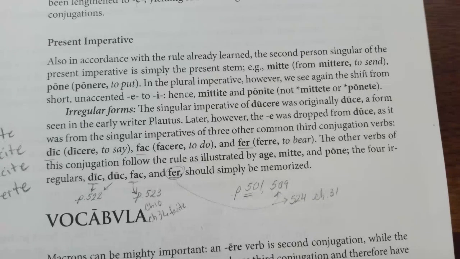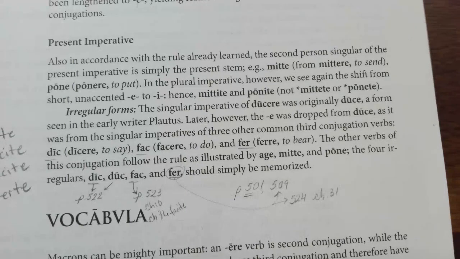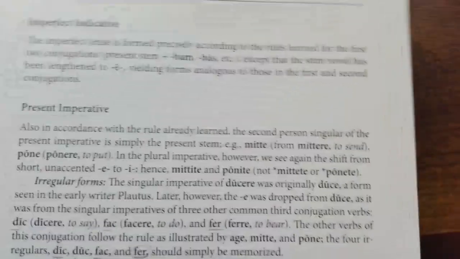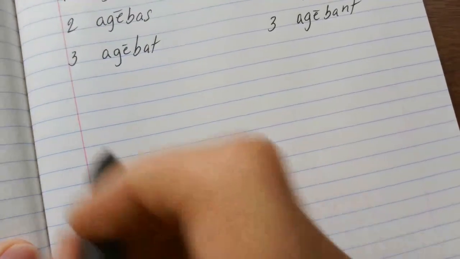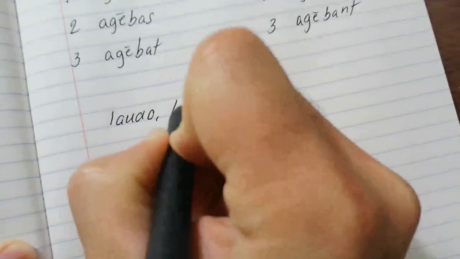Let's talk about the imperative real quick, and let me write it out for you. I know it's in your book right there, but let me just write it out for you real quick, and then we'll talk about these irregular imperatives. If you remember, let's do laudo, laudare.